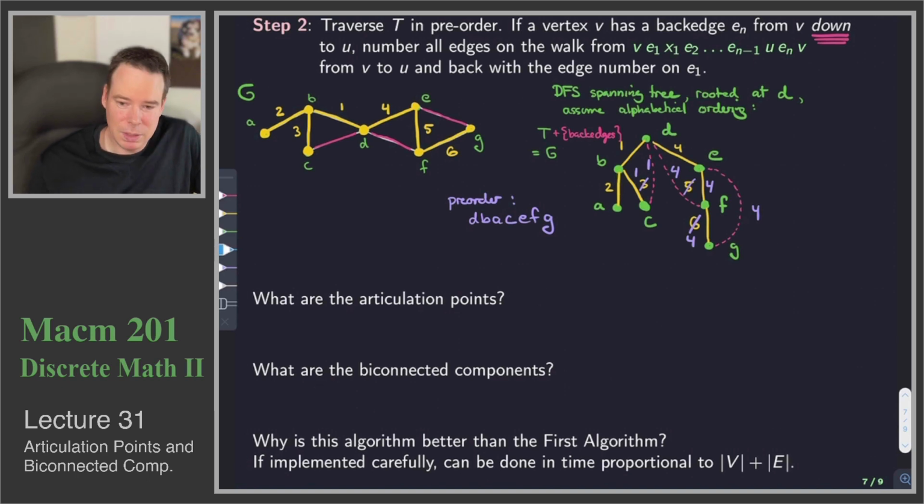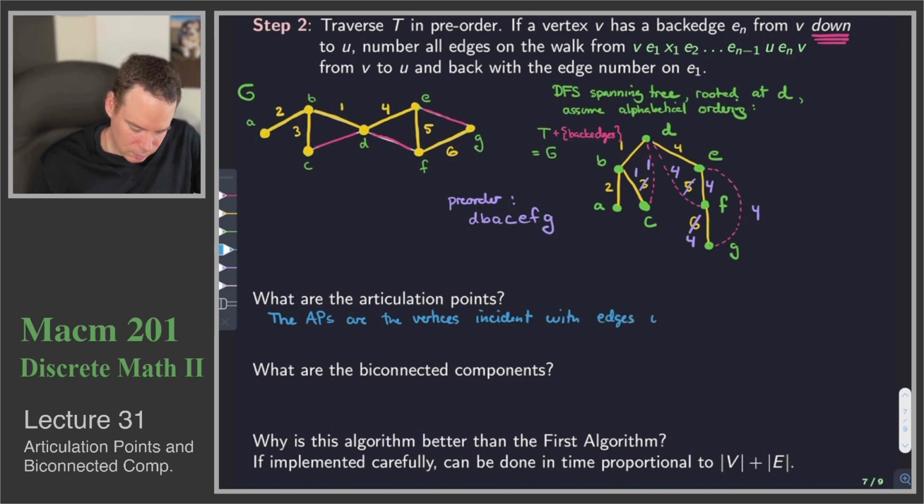And that turns out to be the identifier of articulation points. What are the articulation points? The APs are the vertices incident with edges with different labels.